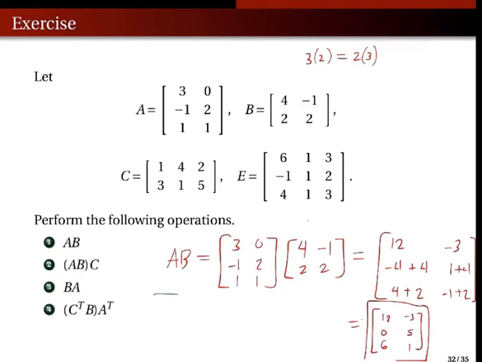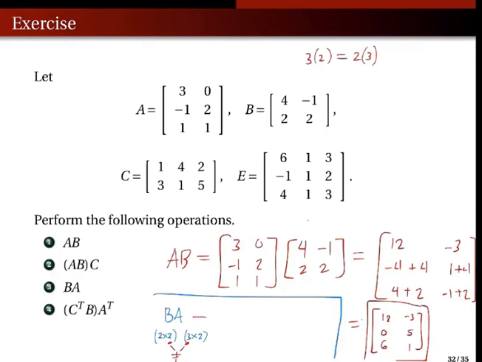Let us look at BA. The size of B is 2 by 2. The size of A is 3 by 2. So observe, this guy here and this guy here are not equal, which means that this cannot happen.